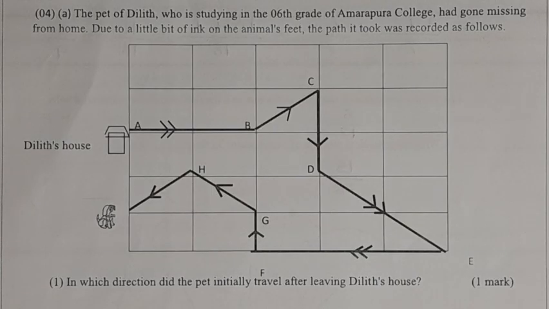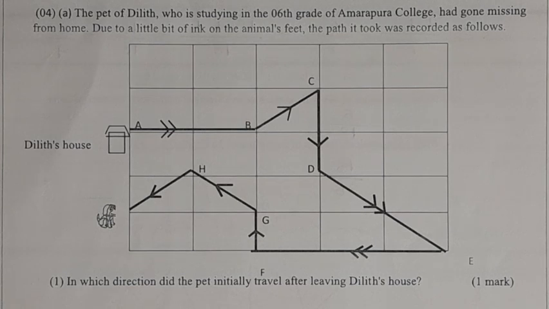Fourth question, A part. The pet of Dilith, who is studying in the 6th grade of Amarapura College, has gone missing from home. Due to a little bit of ink on the animal's feet, the path it took was recorded as follows. This is the diagram given for us.